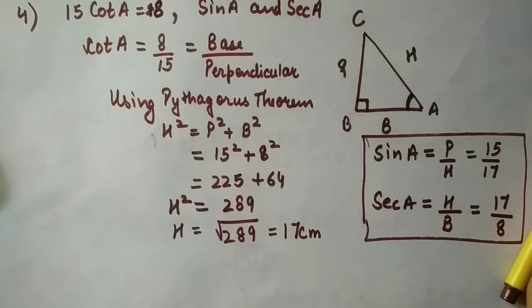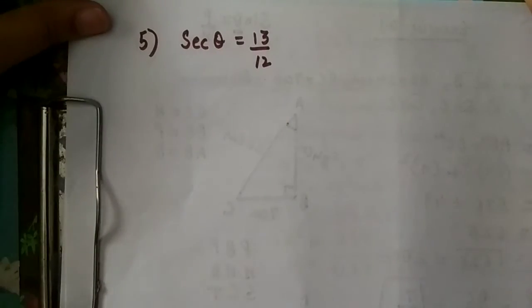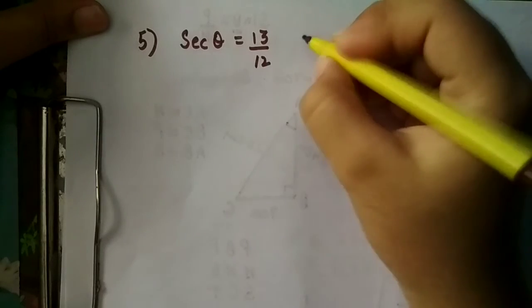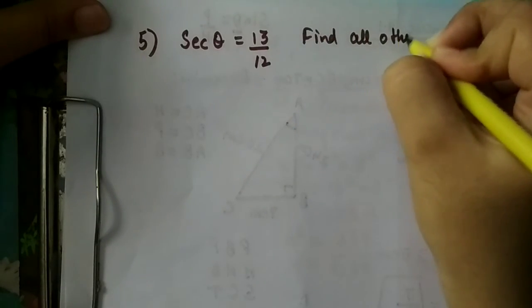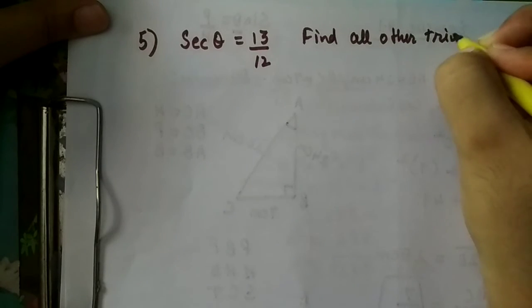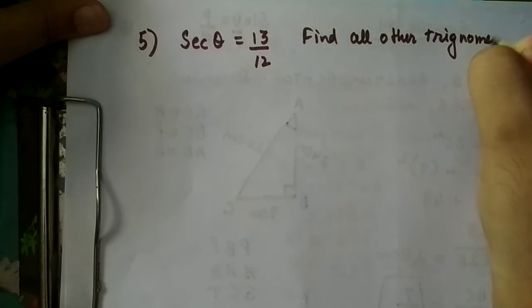Now let's see the next question. In this question, secant theta is given to be 13 upon 12 and we need to find all other trigonometric ratios.